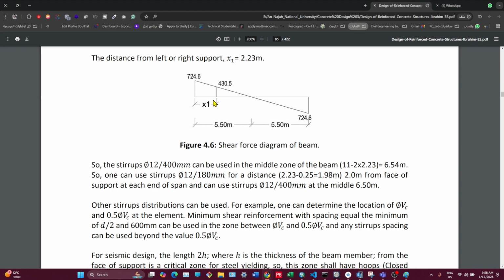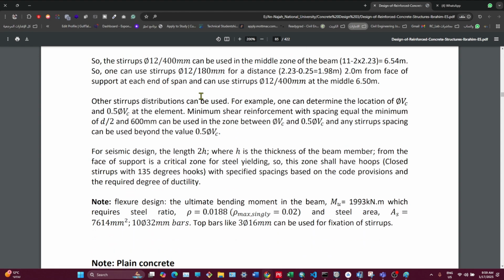We can make them dense in these regions where the shear reinforcement is larger. And in this region, at this distance x1 from the end, we can compute them as VS and as a minimum or required. This is the methodology.